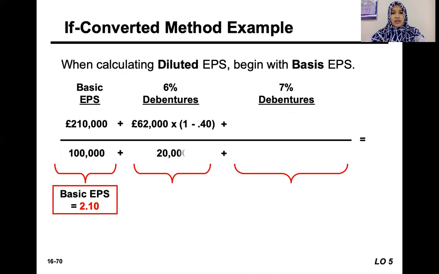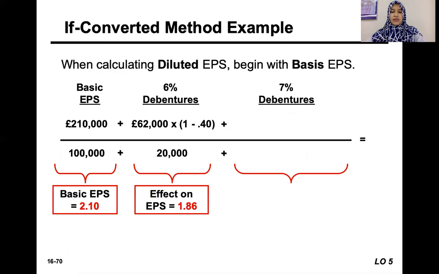So the effect on the diluted EPS if the 6% bond is converted into ordinary shares is that the EPS now becomes 1.86. So you can see there is a dilutive effect, from 2.1 to 1.86. So the EPS has been reduced.